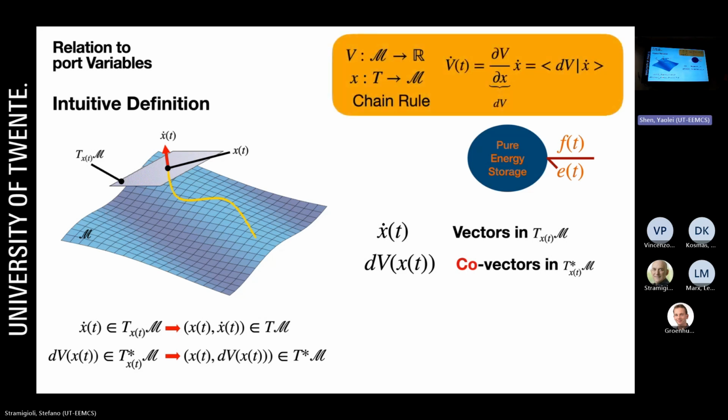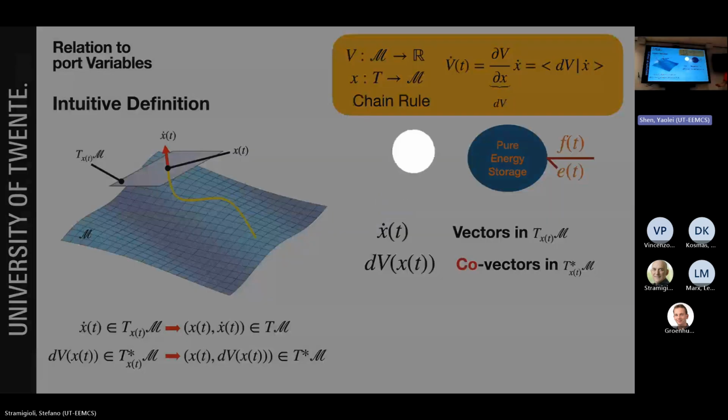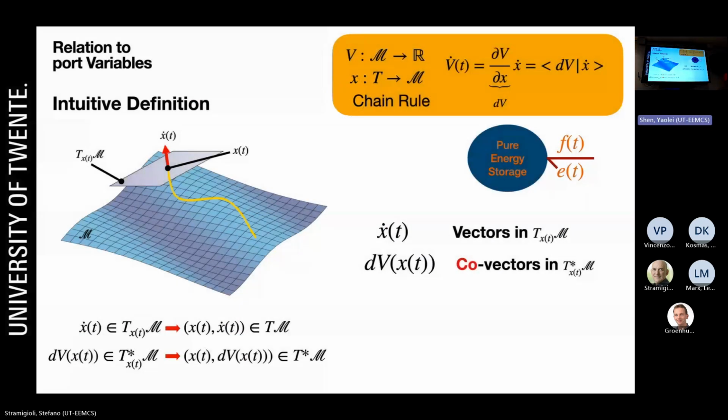And why is that dual? Because of something you have been using all the time, which is the chain rule. If I give you a curve in the state space, what is a curve? A curve in geometry is a function that goes from a real segment to a point in the space in which the curve exists.